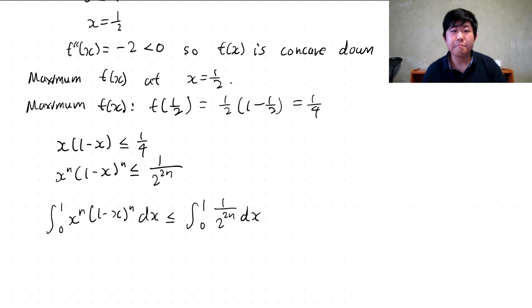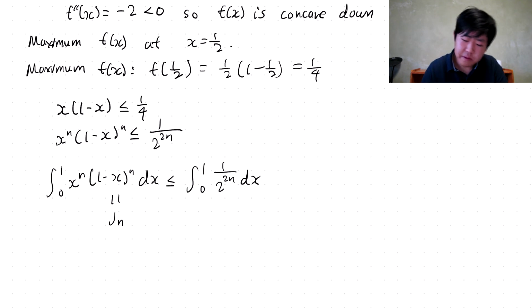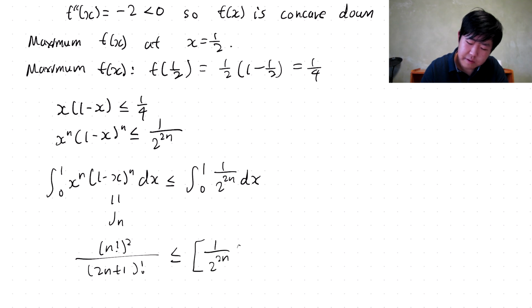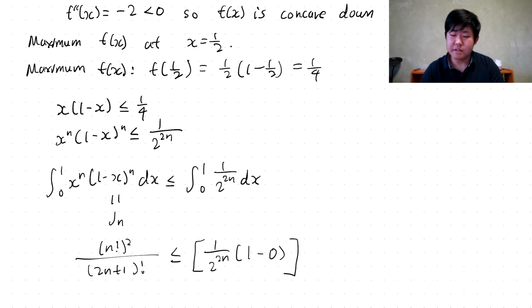Like that. And we know that the left-hand side of the inequality is Jn. And we already solved what Jn was in the last part. So that was n factorial squared over 2n plus 1 factorial. And if we integrate this side, that's going to be 1 minus 0, like that. Because if you integrate it, you're just putting an x there.